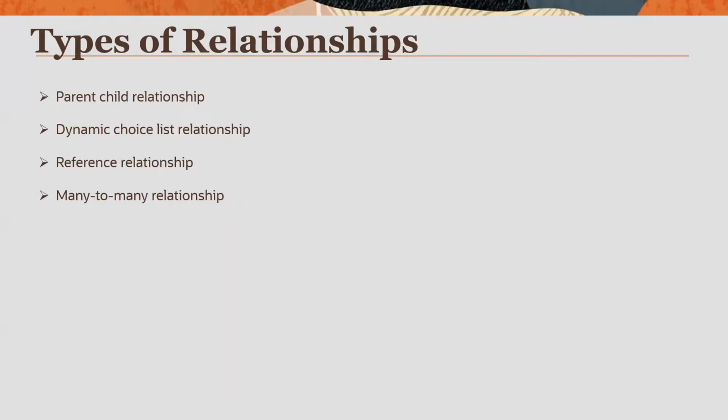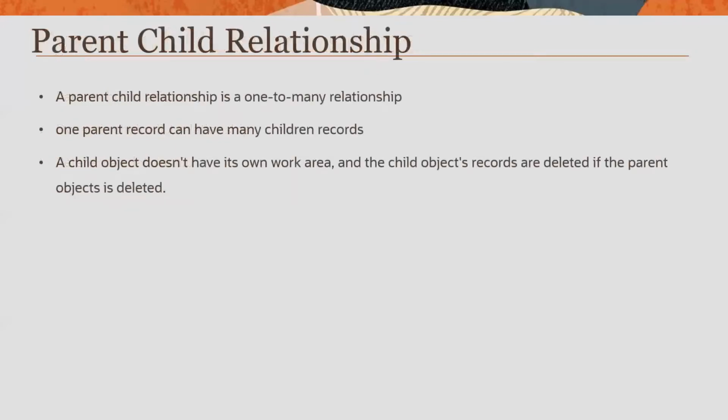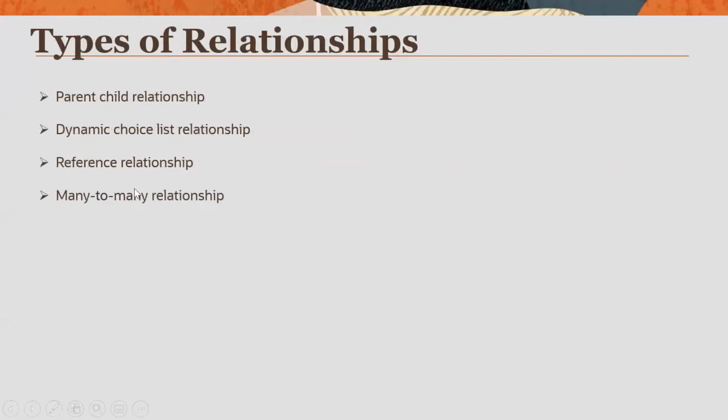In a dynamic choice list, we are referring to data from some other object. If we create that kind of field, there will be a relationship created between those two objects. Like this, we also have a reference relationship and a many-to-many relationship.